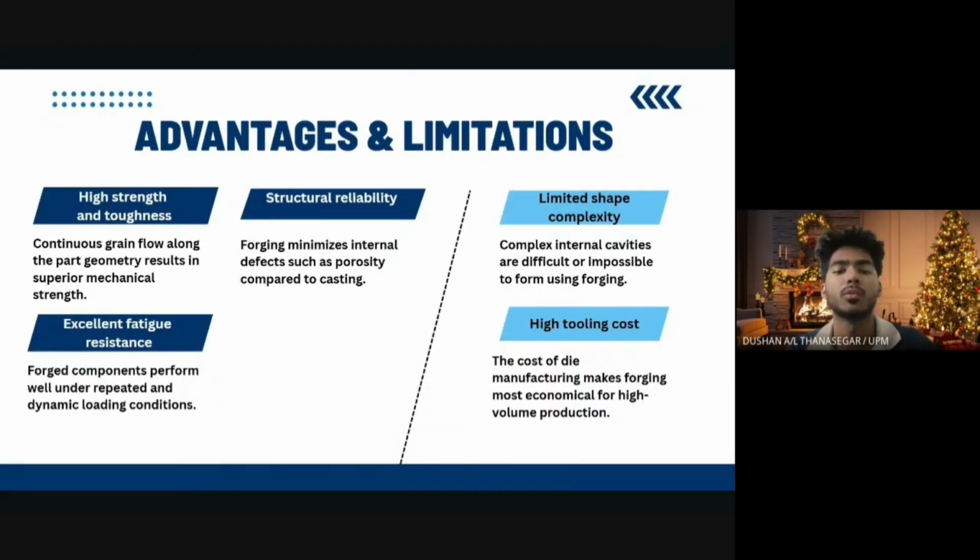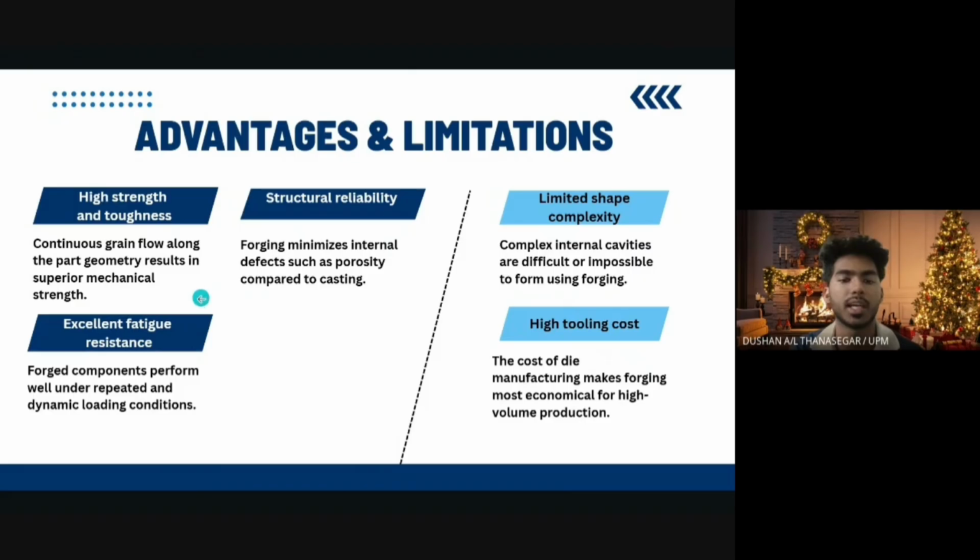Now, finally, I would like to talk about the advantages and limitations of closed die forging. Forging offers several important advantages. Firstly, it provides high strength and toughness as continuous grain flow follows the part geometry.